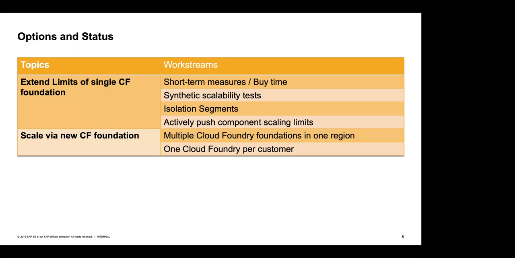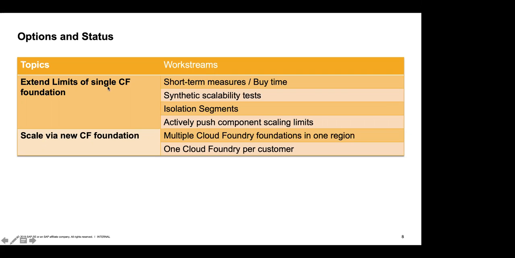So then you also come into a more substantial conversation around what are the options that you actually have to scale up such a Cloud Foundry deployment overall. So assume that you have Cloud Foundry, one single foundation running in a region.